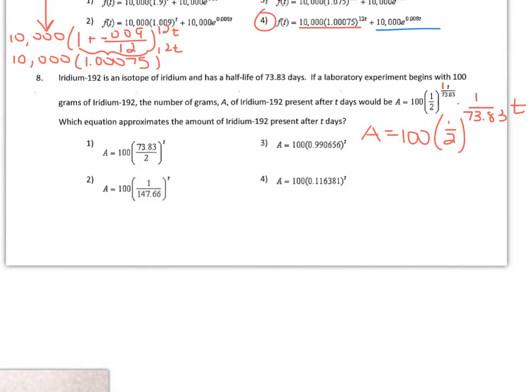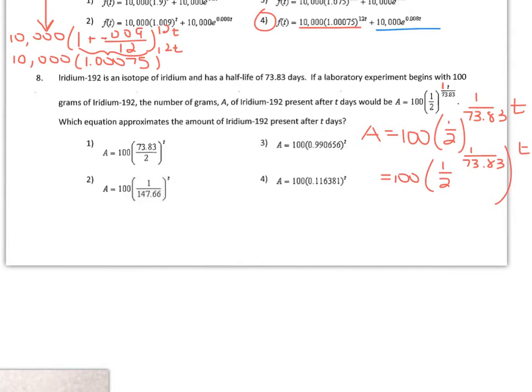Now remember, you're always allowed to take an exponent and shift it on the inside of a parenthesis if you want. So I'm going to just rewrite this as 100 times 1/2, and I'm going to put that exponent inside the parentheses. And the reason I'm doing that is so that I have this t all by itself, just like I do in each of the answer choices.